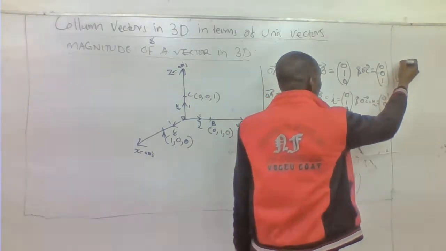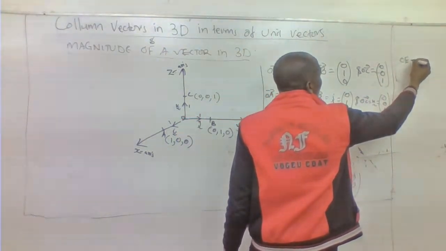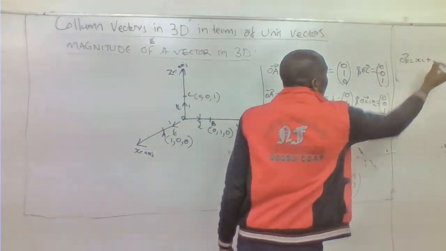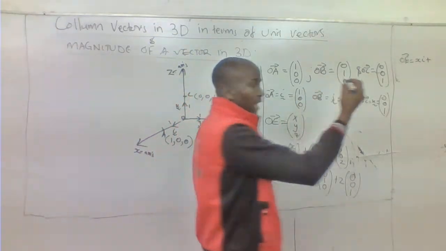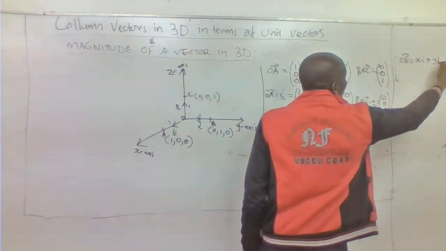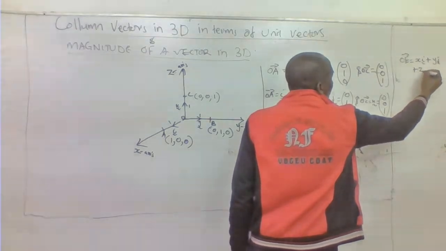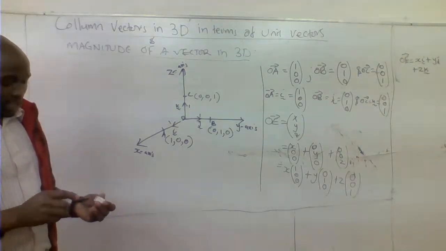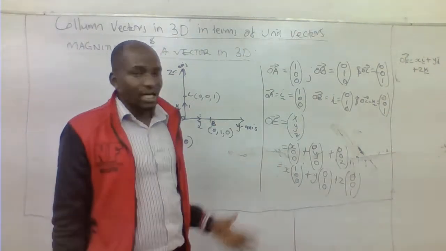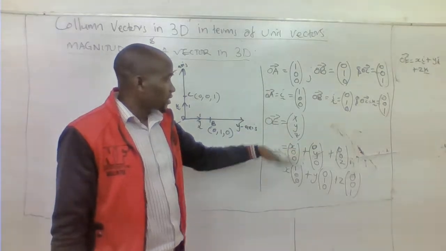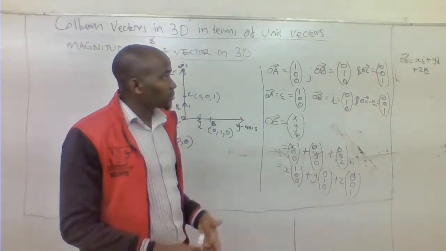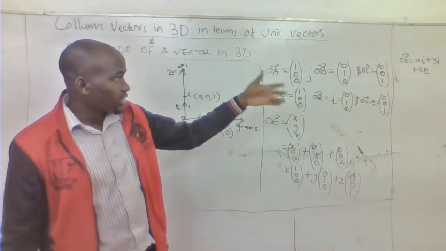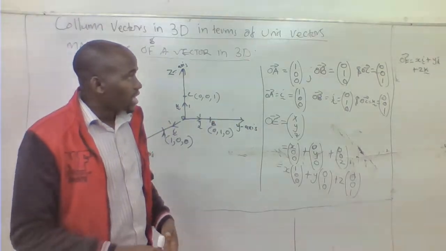It means vector OE will be equal to xi plus yj plus zk. So generally, given any vector in column form, for example x, y, z, if you want to express that vector in terms of unit vectors, you just need to write it as xi plus yj plus zk.